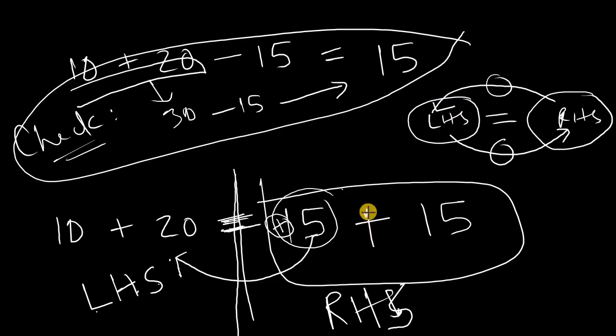Okay, with these ideas, let me now talk about the very basic problem which I was telling you in the beginning. And what was the problem? The basic problem was 200 is equal to 100 plus box.